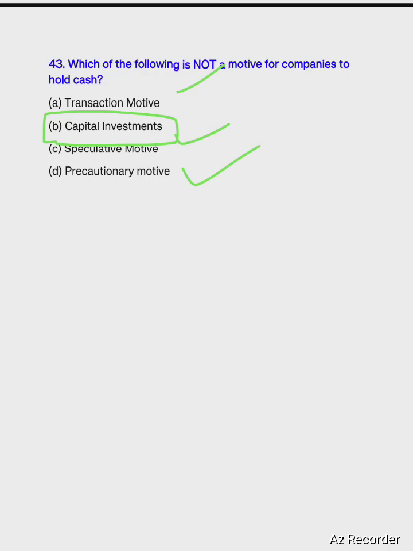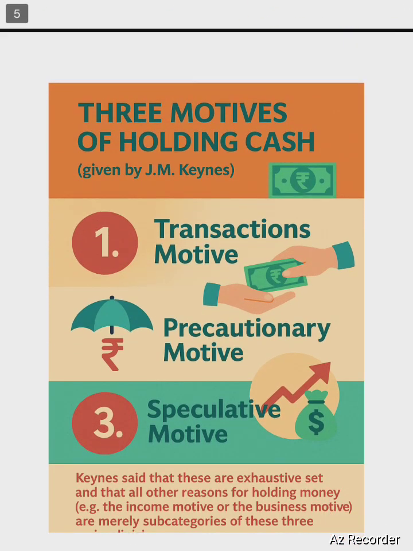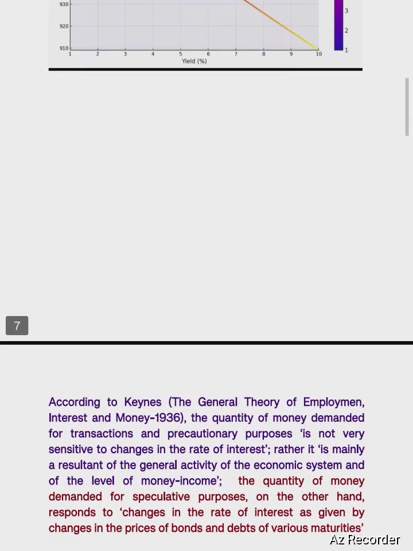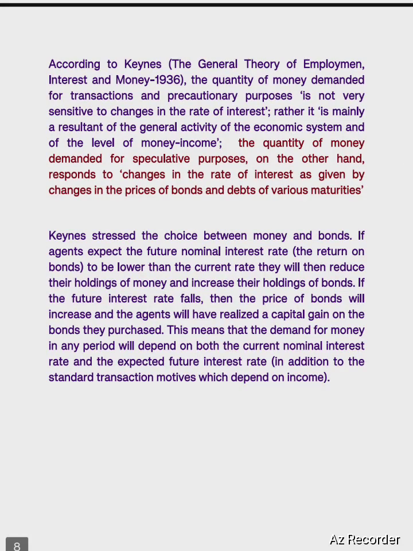It may be a part of transaction motive or speculative motive, but it's not an explicitly explained motive. So in the given question, the answer will be option number B. So these are the 3 motives which are explained by John Maynard Keynes. You may read about it. I have given a detailed explanation if you wish to.